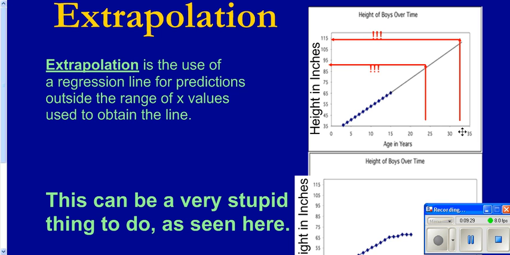At age 33, you go straight up to your line, and then you go straight over here, and you'd be at 110 to 115 inches tall. But we know that does not make sense, because once we hit around the age of 18, we don't grow nearly as much, and then eventually we stop growing. That's an example of extrapolation, making a prediction beyond the range of your data. You never want to do that.